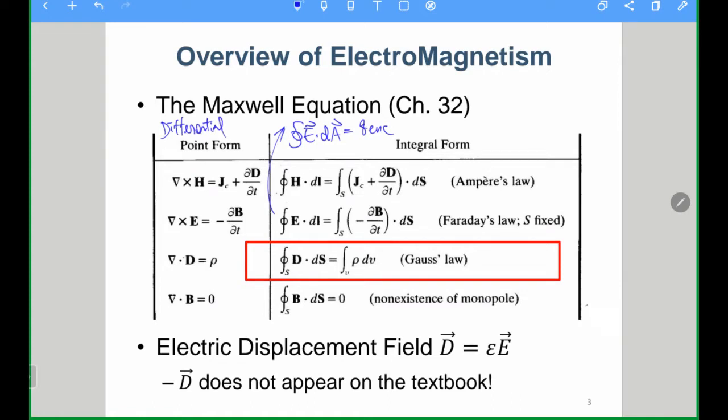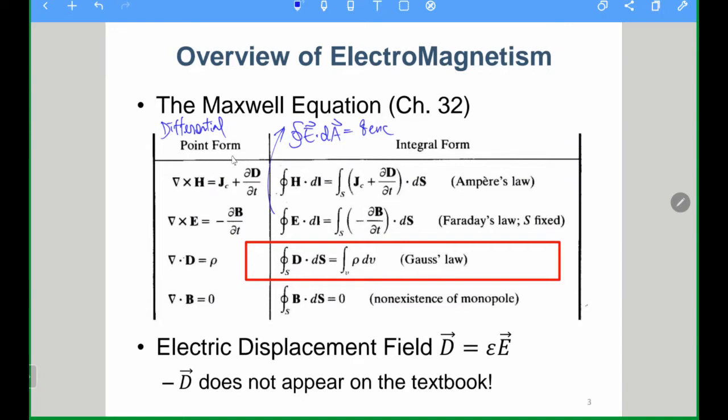of the Maxwell equation is. But in chapter 32, I will make a supplementary note so that you will know the differential form, and then we'll use the differential form of the Maxwell equation to derive the wave equation, and then by solving the wave equation, we will get the solution of the EM wave.